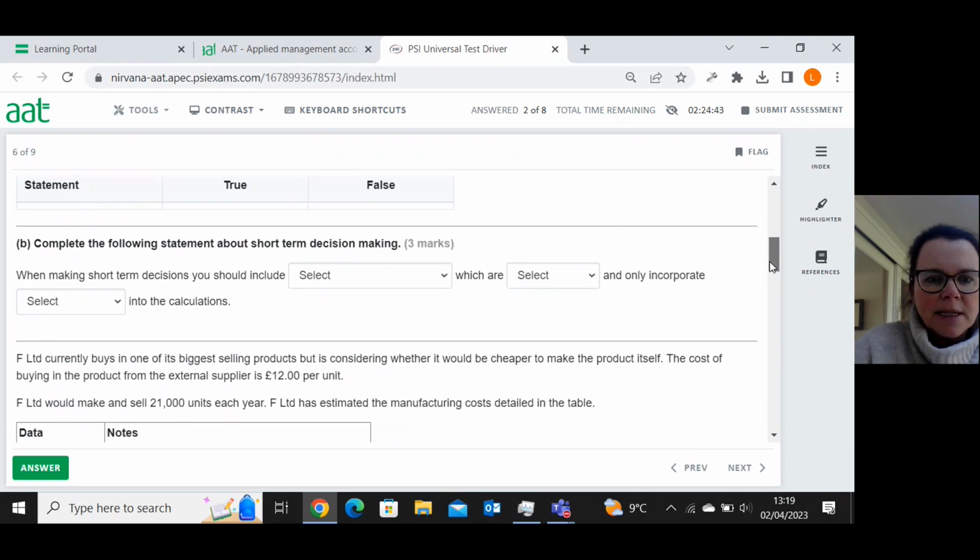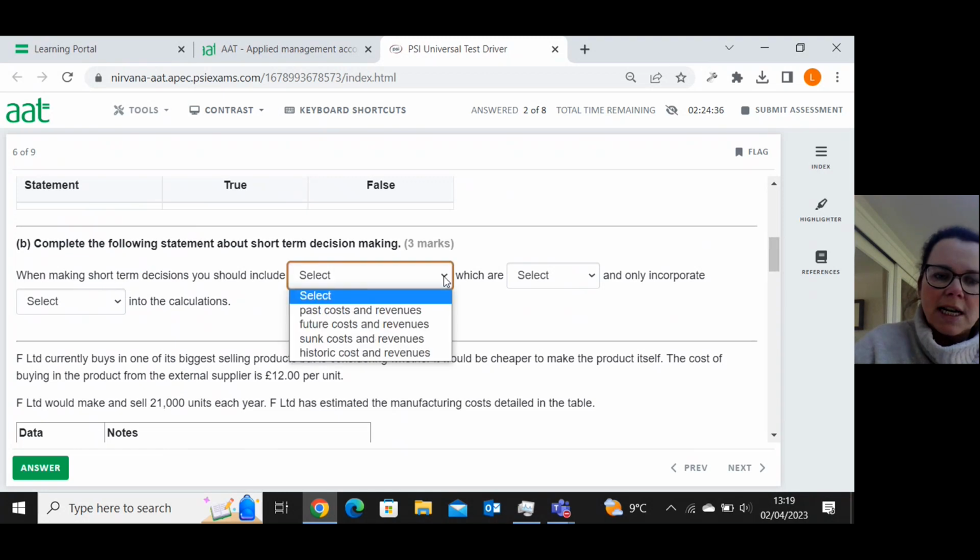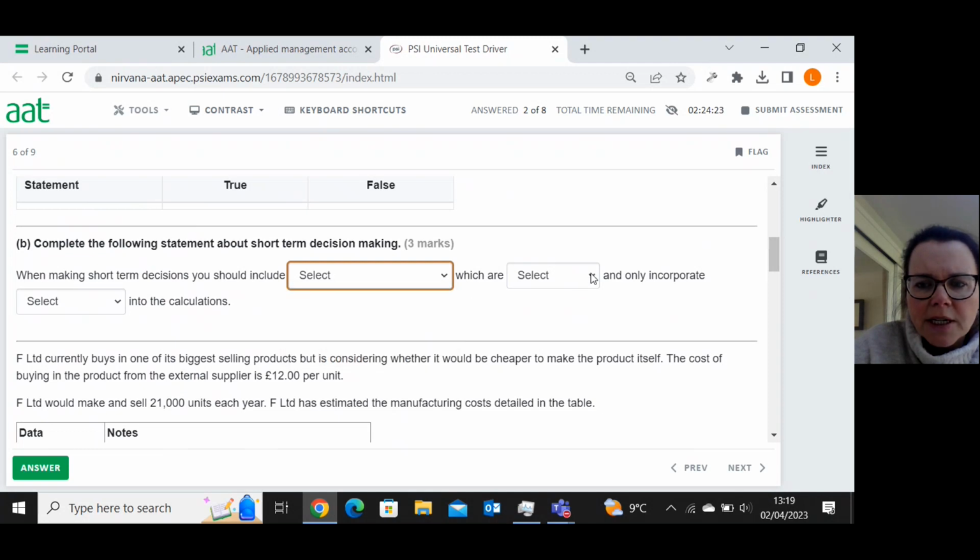Complete the following statement about short-term decision-making. When making short-term decisions, you should include which one of these?